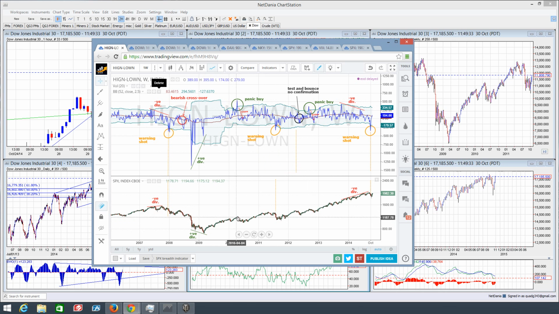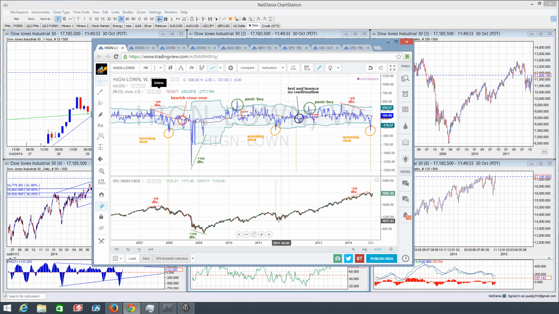Right about here, we saw a panic buy, and then a correction, a more choppy sideways movement. We did see a warning shot right about here, and this would have been a cause for concern. This warning shot, however, did not occur during all-time highs, so it's not as strong an indicator as if we had been experiencing all-time highs before it.